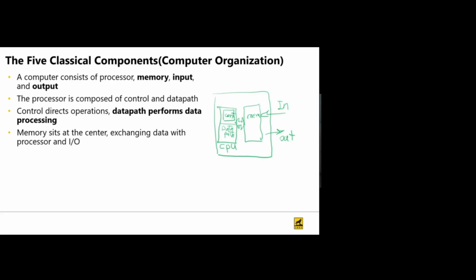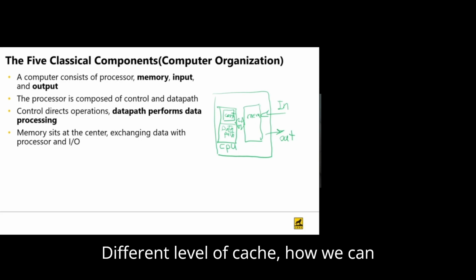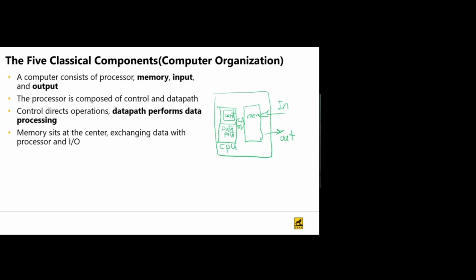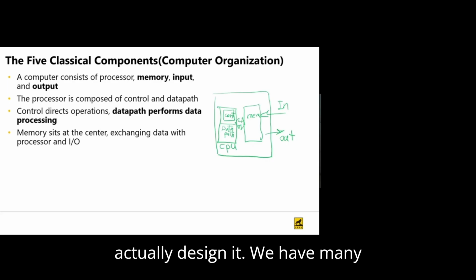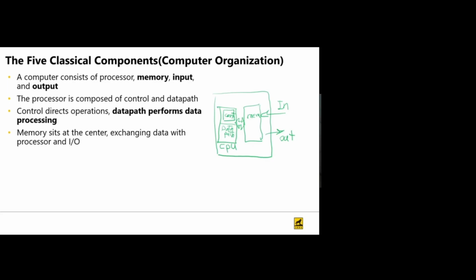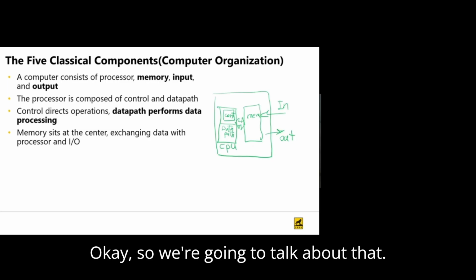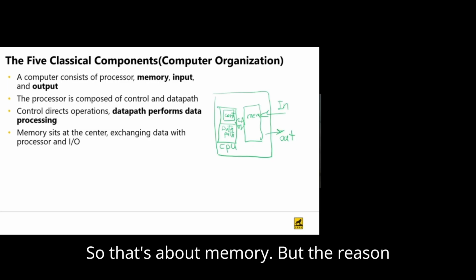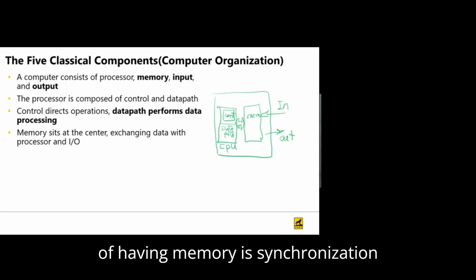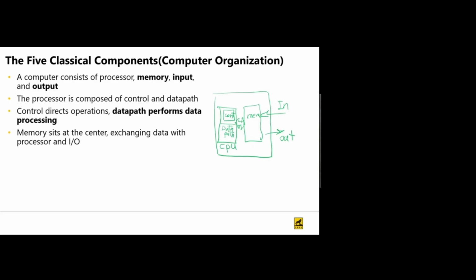Different levels of cache, and how we can actually design them. We have many different types of cache. So that's about memory. But the reason for having memory is synchronization between I/O and the processor.